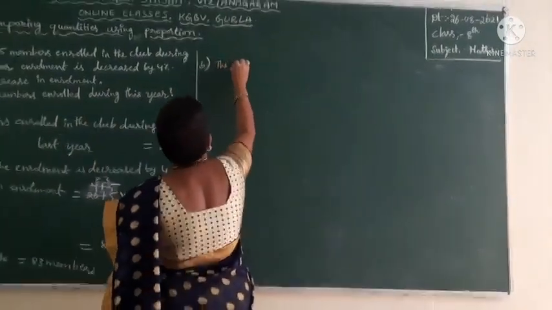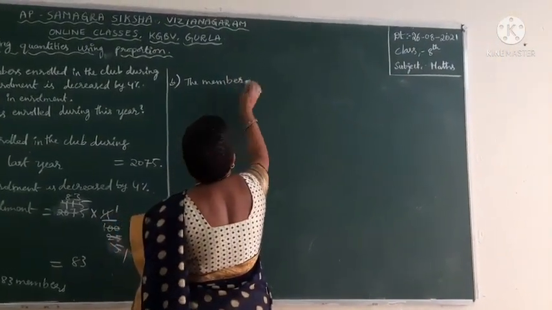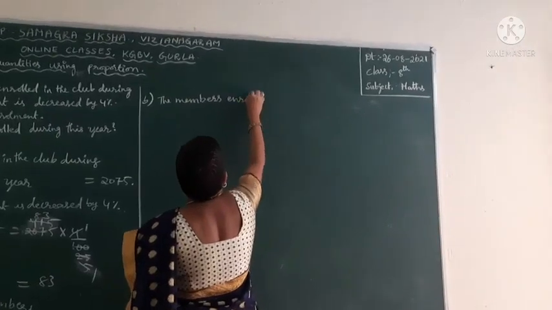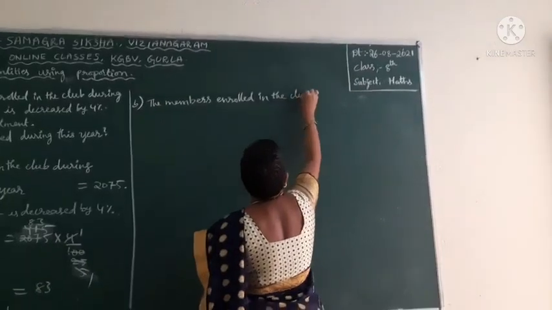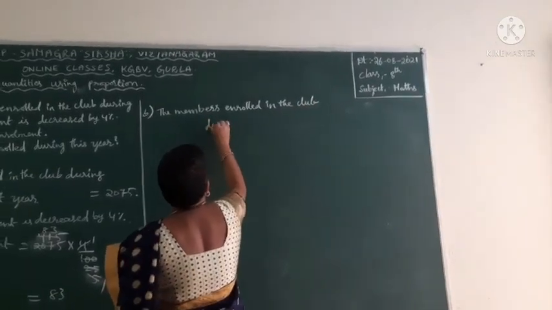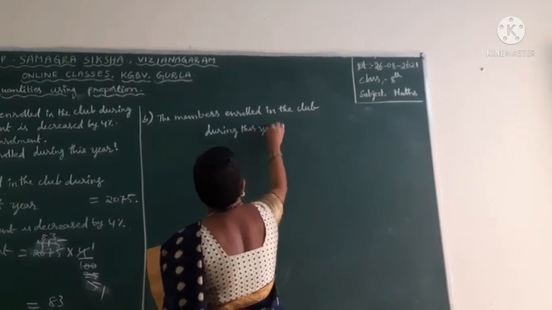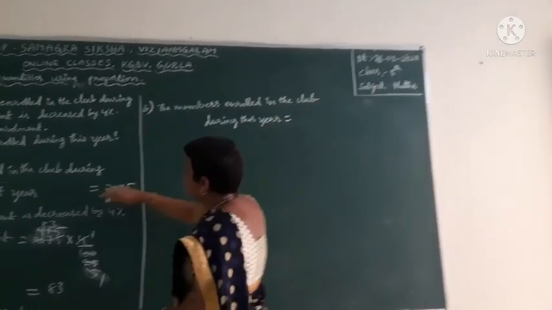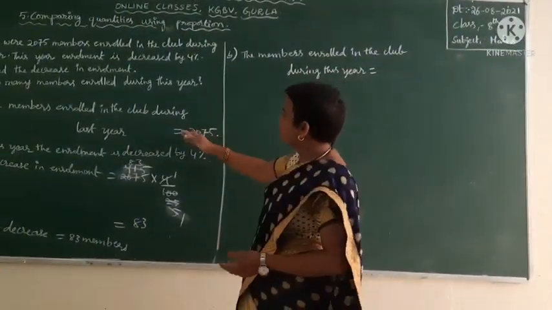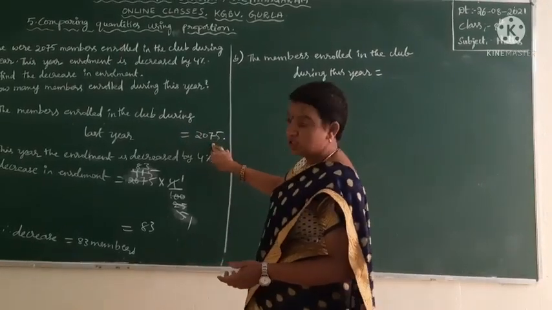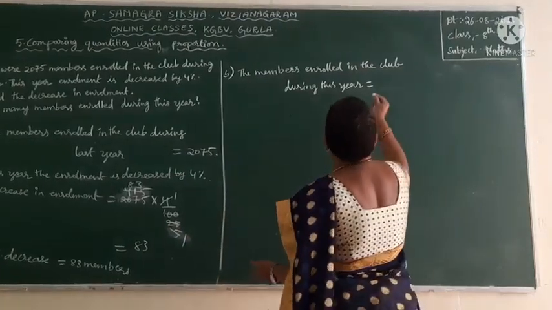The members enrolled in the club during this year is equal to the members in the club last year minus the decreased members.